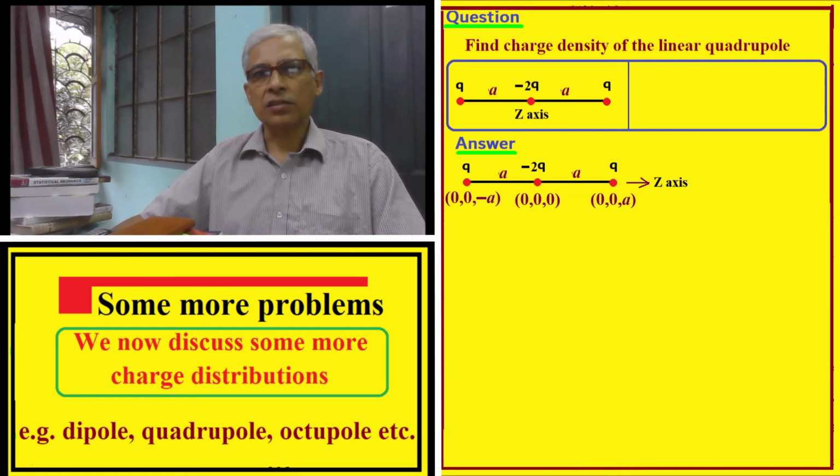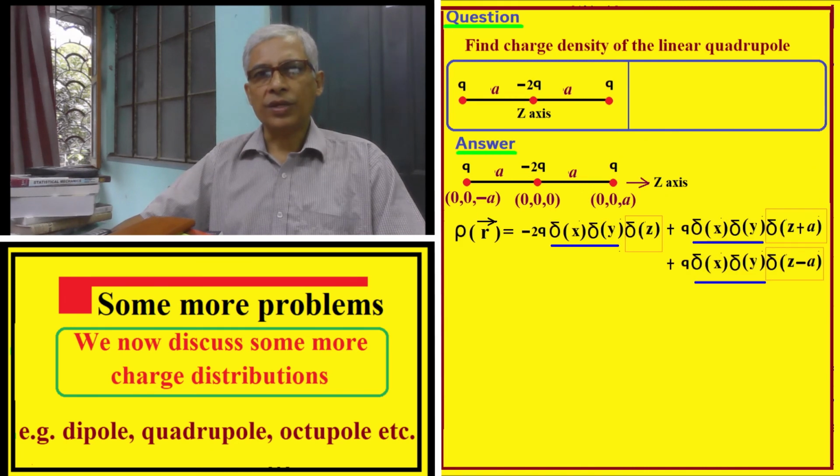We take the central charge minus 2q as the origin, and we write down the charge density. Since the charges are situated on the z-axis, the x and y part will be the same, that is Dirac delta of x into Dirac delta of y, and this is underlined in blue.